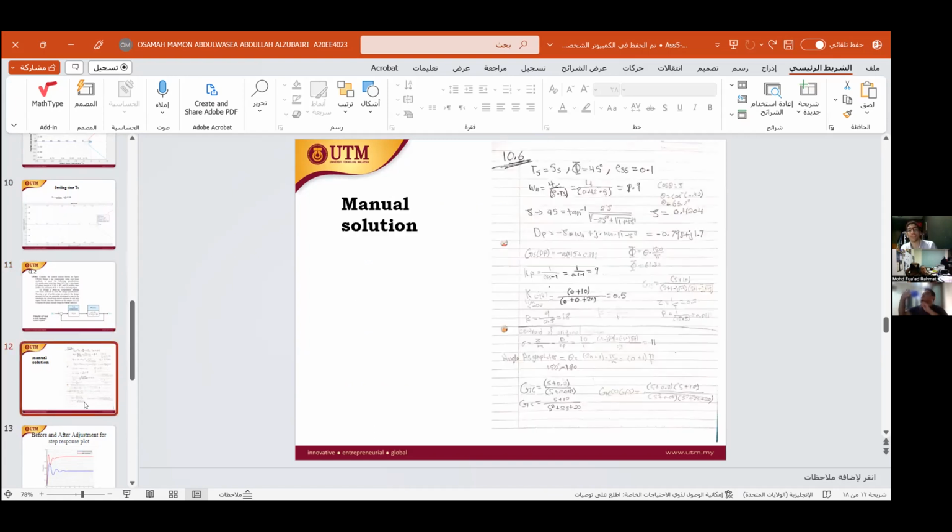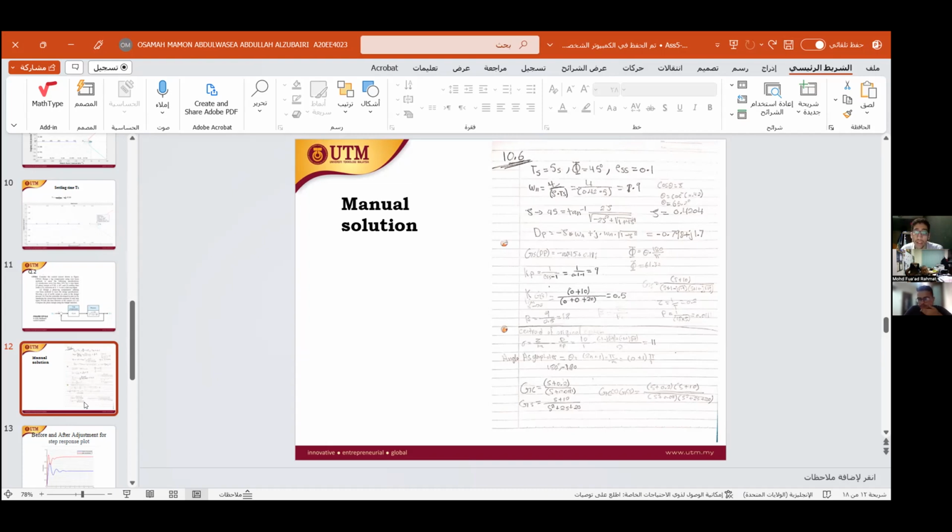For my solving here, I got a little confused at first, but first I tried to get our zeta using the equation of 45 equal to tan inverse of 2 zeta over the square root of negative 2 zeta squared plus the square root of 1 plus 4 zeta to the fourth, which gave zeta equal to 0.42.